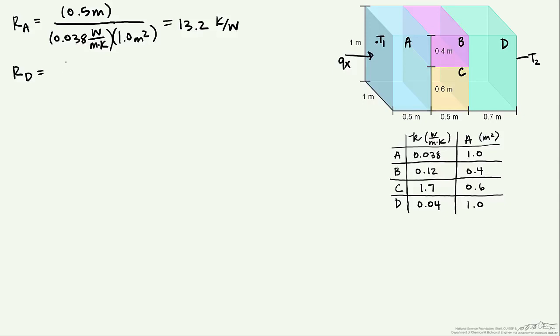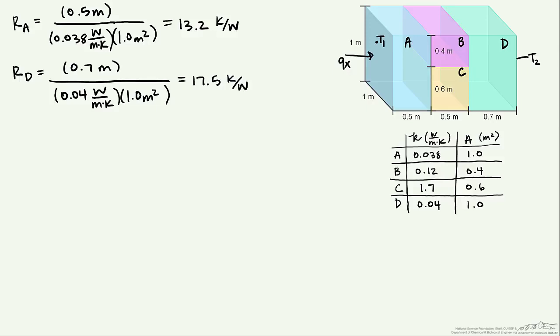Our RD we'll calculate the same way. So its resistance is 17.5 Kelvin per watt.